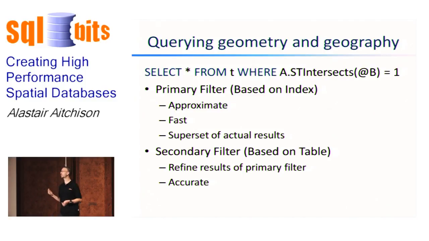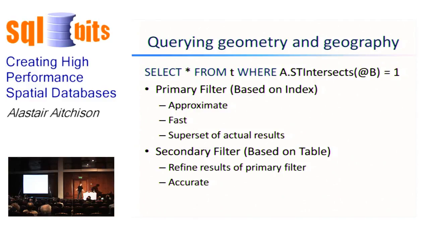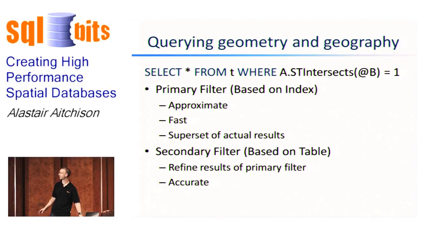So when you're creating high-performance queries, what you really want to do is get as much of the work as possible done at the primary filter stage. Get that guess to be as good as possible, as fast as possible, and not to contain too many false positives. So how do we do that? Well, we need to now look a little bit at how the index is formed, because the index is where the primary filter looks to get that first guess of results.